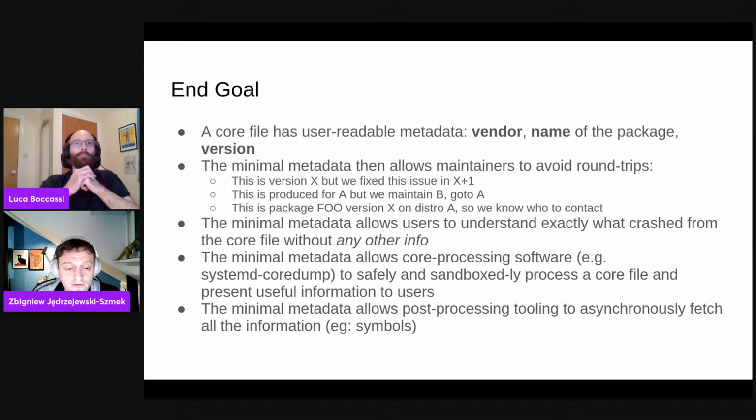And if we attach this metadata to the binaries themselves, it becomes part of a core dump, and then when a user sends you a core file, you avoid this stupid round trip where you say, well, okay, from which distribution was this exactly, and which version, and are you sure it was this version, and so on.